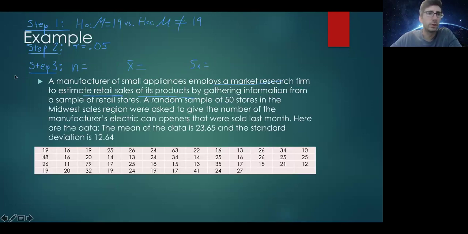We can fill this out. A random sample of 50 stores, so our sample size is 50. And then we're given the mean of the data, so the mean of our sample is 23.65. And the standard deviation is 12.64.